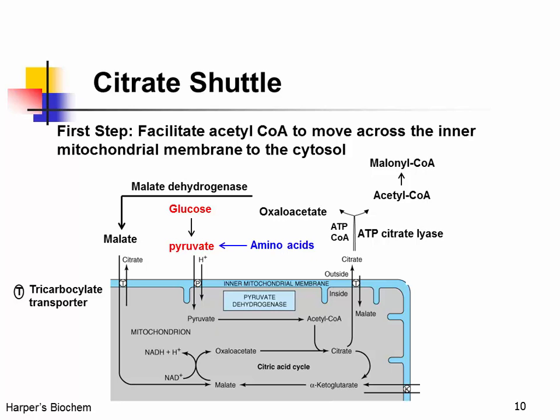Okay, so citrate can get converted to acetyl-CoA in the cytosol? Right. So once citrate is in the cytosol, it can be cleaved and release the acetyl-CoA and oxaloacetate by the enzyme ATP citrate-lyase.